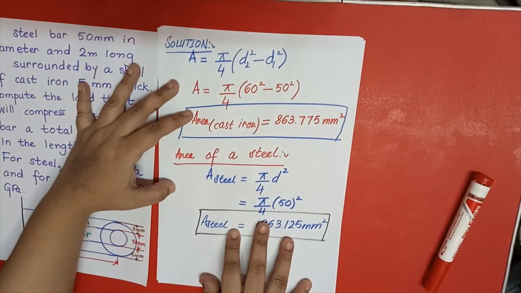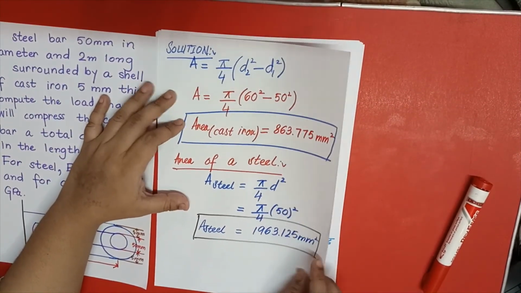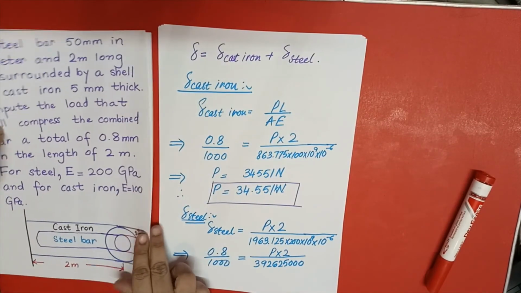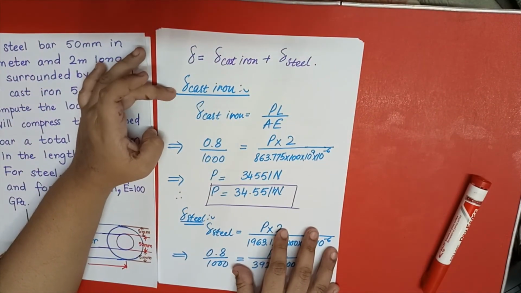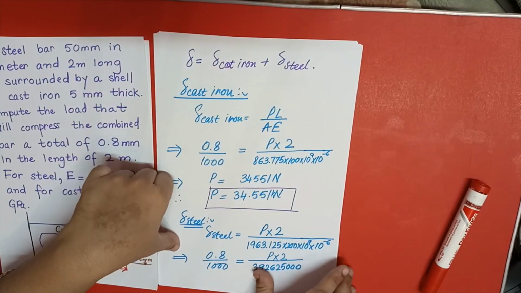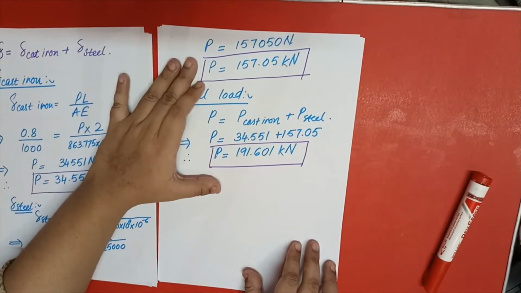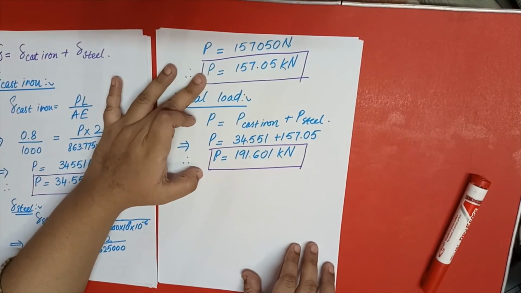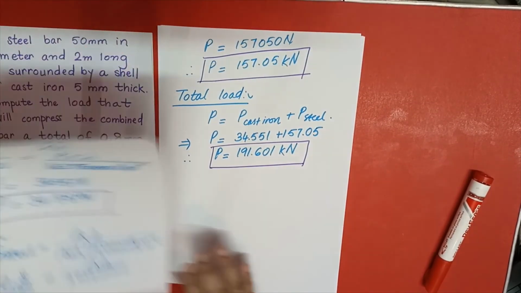So we have calculated area of the cast iron first, then area of the steel. Then we found deformation for the cast iron, then deformation for the steel, and then the load for both.